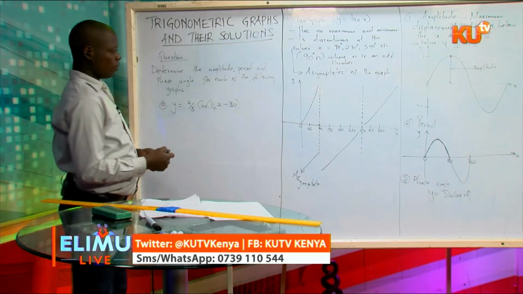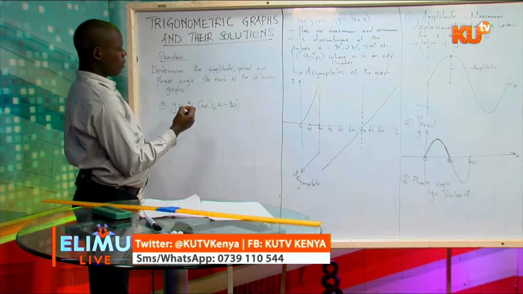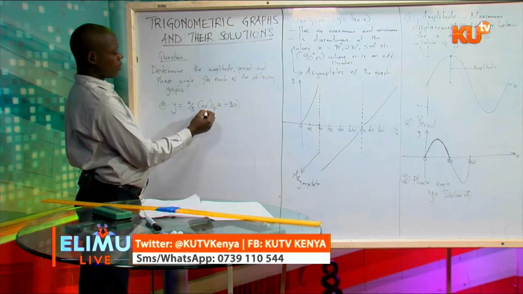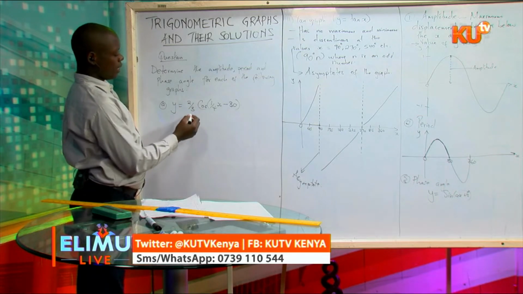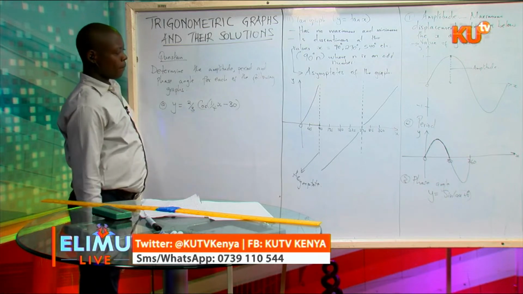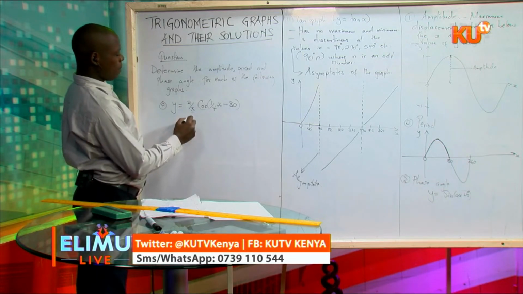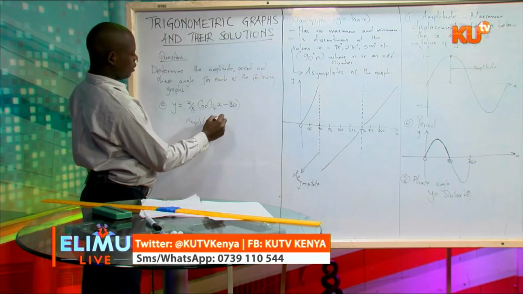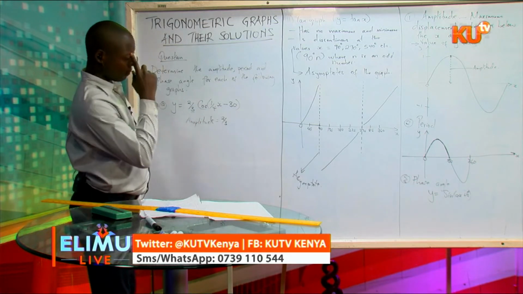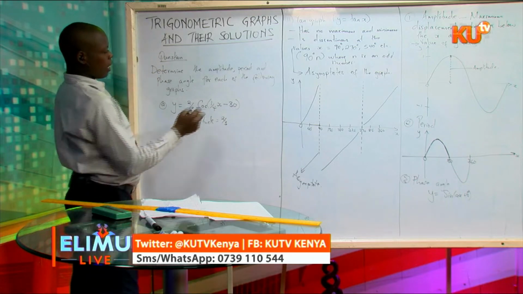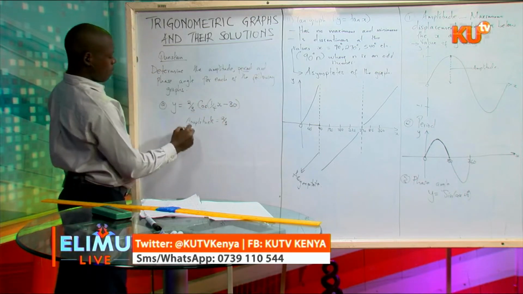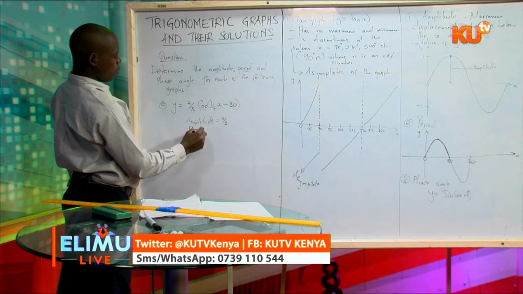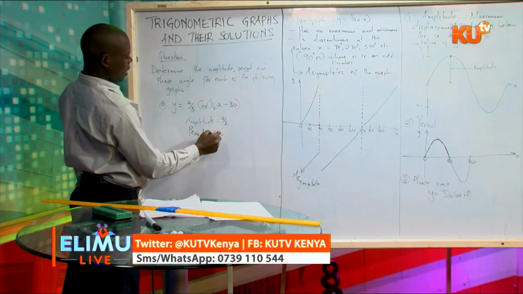So the first thing is to identify the coefficient of the ratio. And the ratio here is cos. Its coefficient is 2/3. So that is what we call the amplitude. Amplitude in this case is simply 2 over 3. When talking about the period now, period for this curve will be 360 over n.